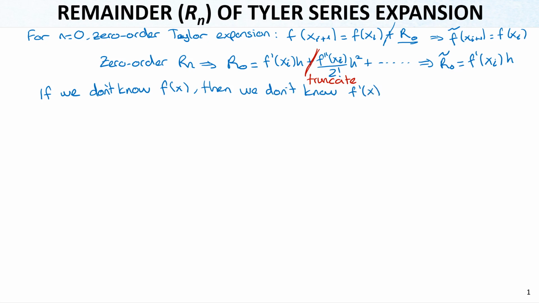That means we don't know this. This is a question mark. And in this case, there is a theorem, an approach to be able to predict the derivative so that we can have a prediction of the remainder term. And this theorem is called the derivative mean value theorem.